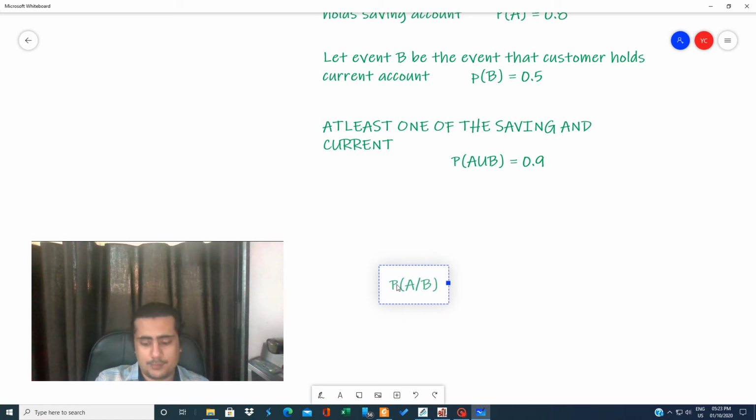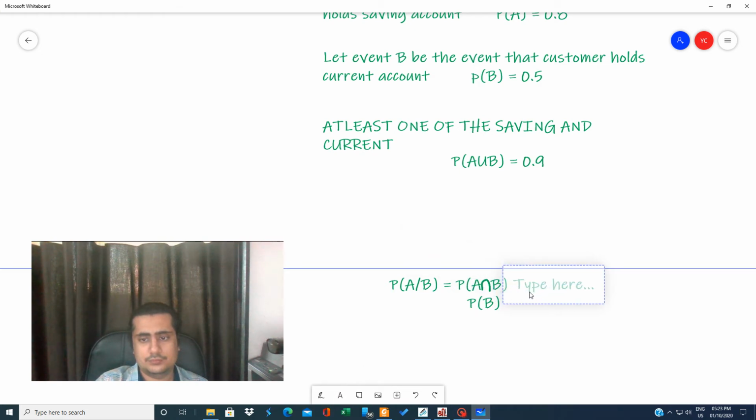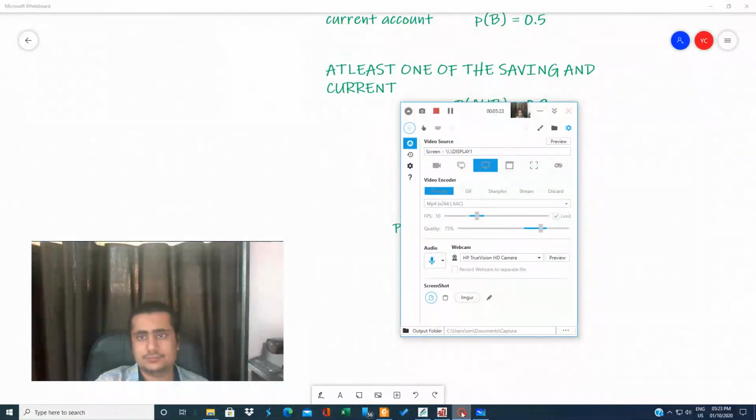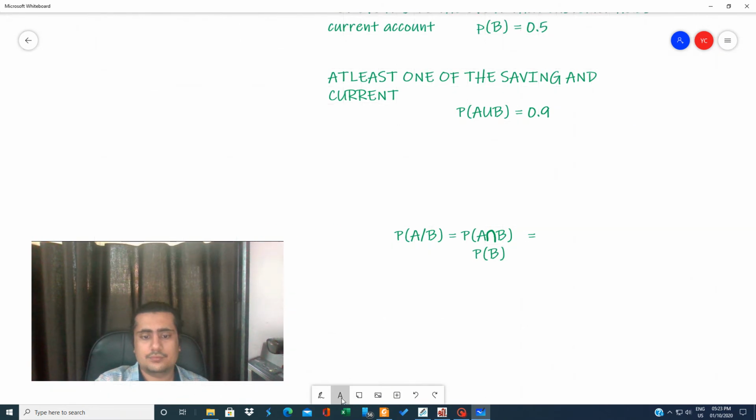Your formula is P of A upon B is equal to P of A intersection B upon P of B. Now you don't have A intersection B, so this thing you need to find. So let us find A intersection B.